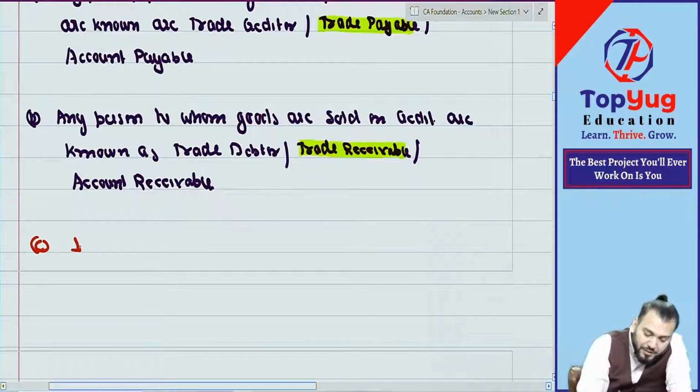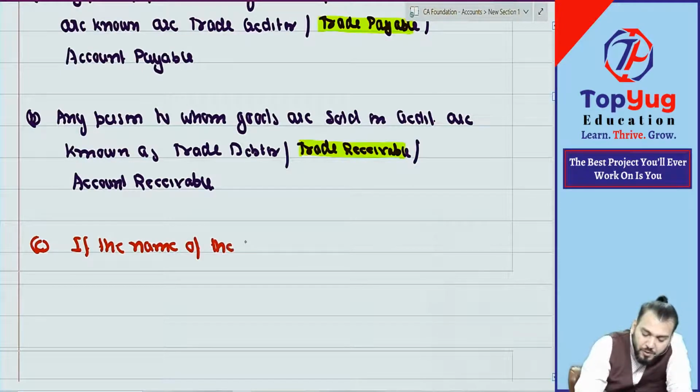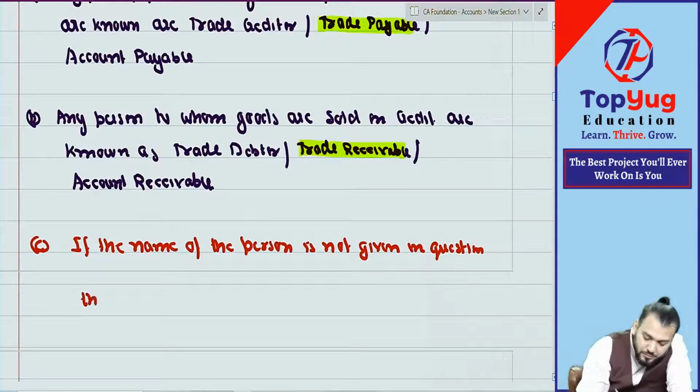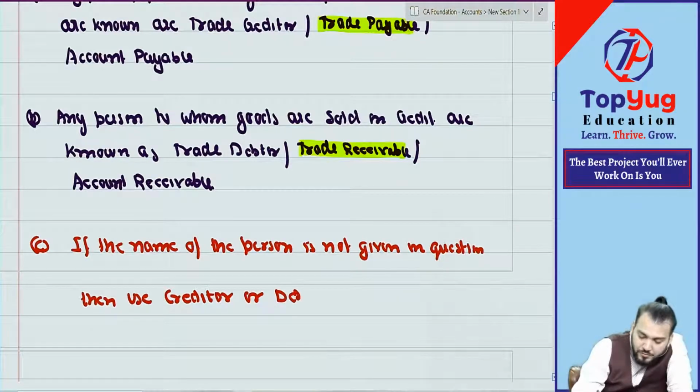If the name of the person is not given in the question, then choose creditor or debtor account.